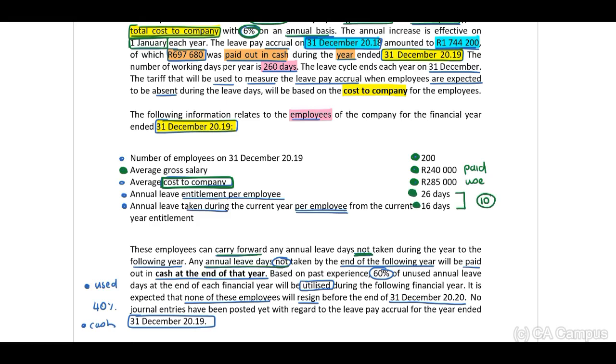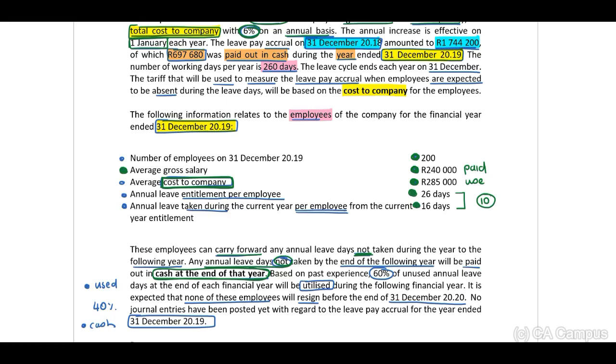Any annual leave days not taken by the end of the following year will be paid out in cash at the end of that year. Therefore, if they pay this out in cash, guys, think about this. If they pay this out in cash, we will have the gross salary, not the cost to company, because your cost to company will include all of the other additions made.